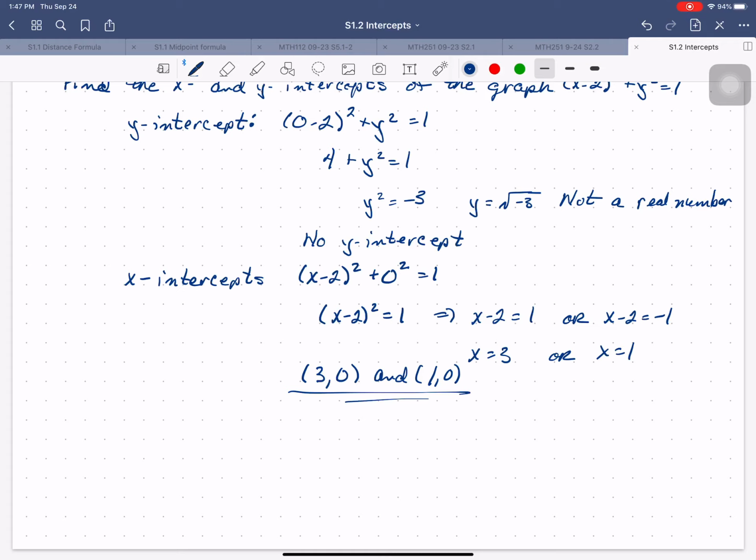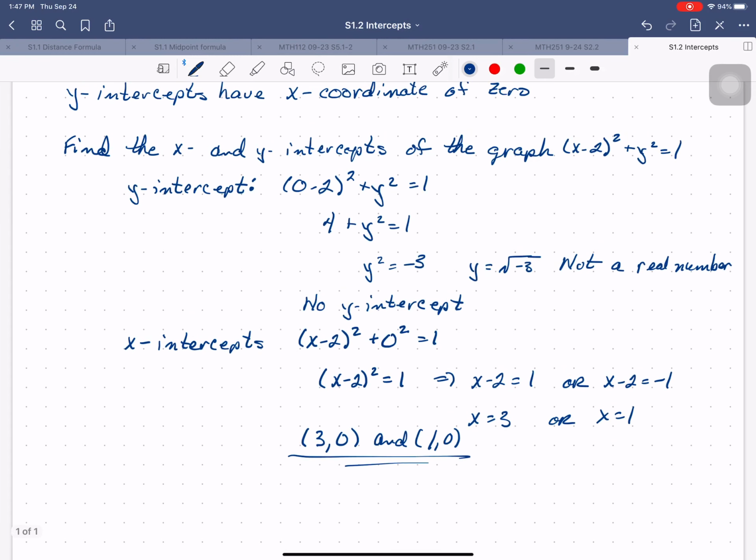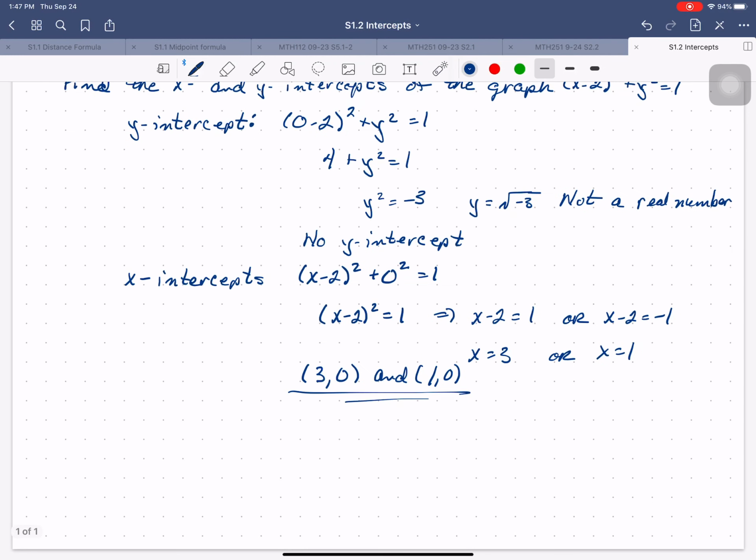Okay? Now if we were going to go on and graph this thing, we would plot some more values, and what we would see is that we've actually got a circle. This thing makes a circle of radius 1 centered at the point 2, 0. That is the graph of that relation.